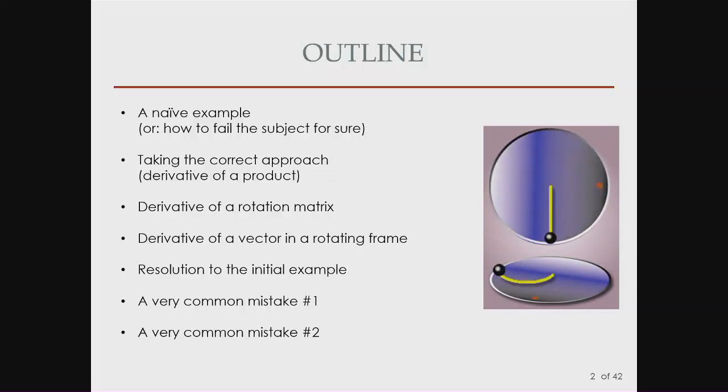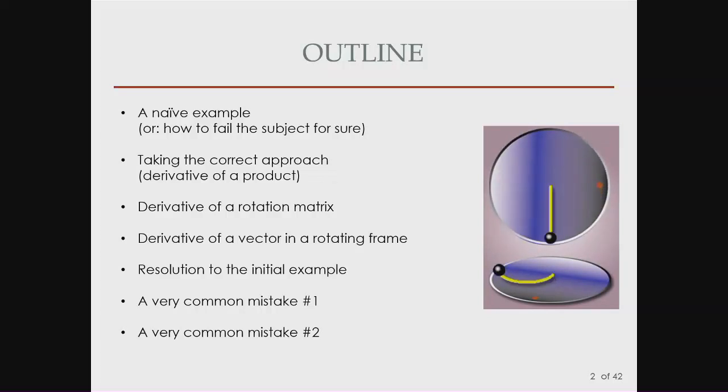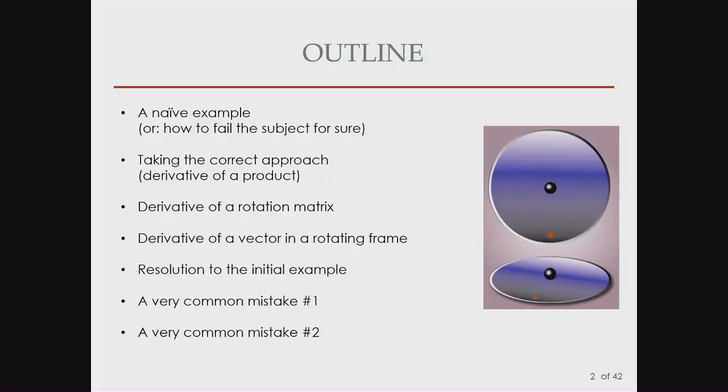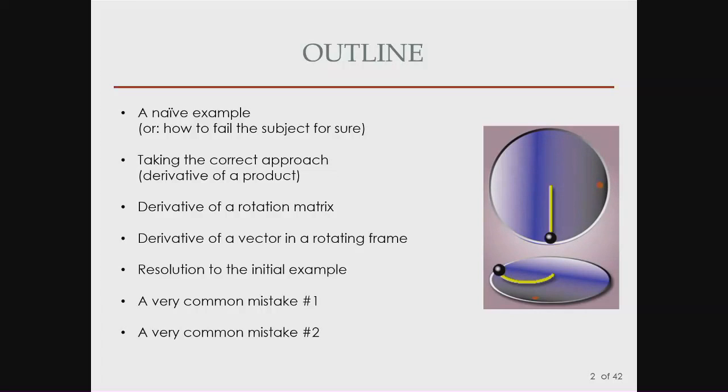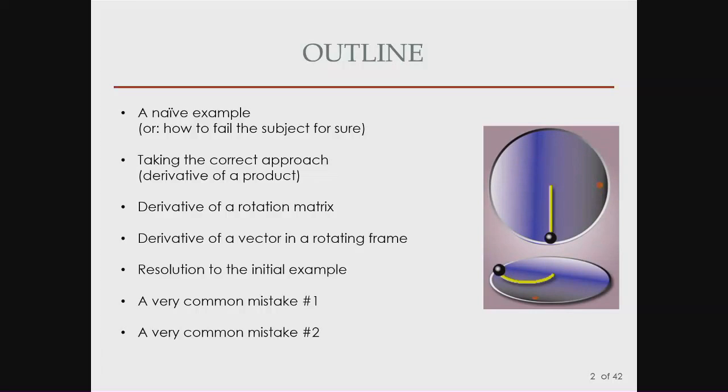You are used to working in a stationary coordinate system, where nothing is moving, and so if you have a vector and you want to take a derivative of that vector with respect to time, you just go component by component and take the derivatives of each component. And this would lead to a mistake if you do the same for a vector expressed in a rotating coordinate system. So I want to illustrate the mistake. This will be done in this naive example.